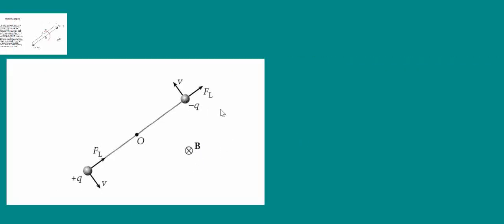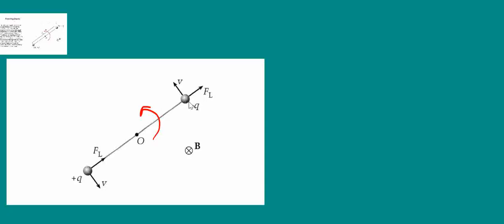The direction of the magnetic field I have taken vertically downward, and since the charges were rotating in this manner, I provided a velocity v to this minus q charge and velocity v to this plus q charge.